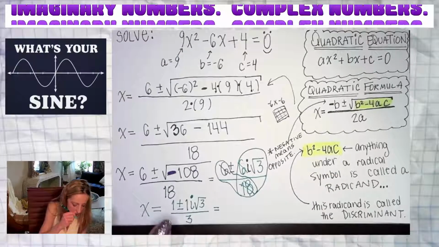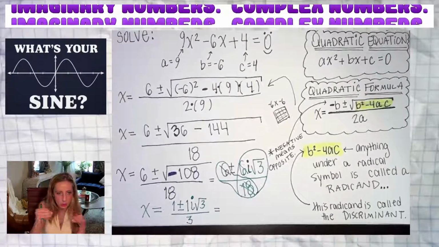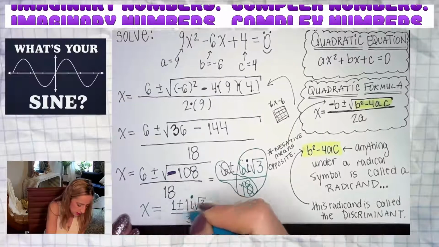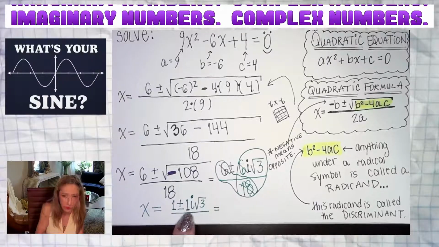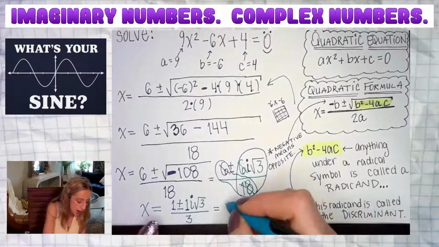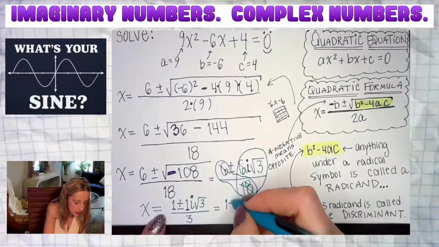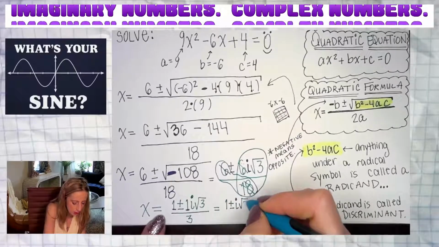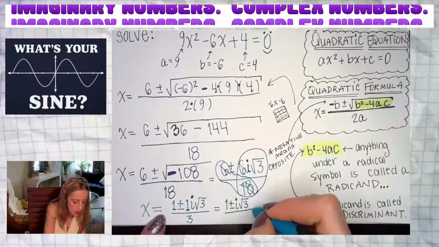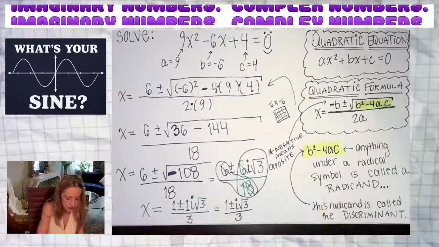My 1s, I'm putting the little hat on it. If you want to put the hat and shoes, maybe like this, give them a full outfit, you could do that. But that 1 in front of the I you don't really need, so I could also have just written 1 plus or minus, plus and minus, I square root 3 all over 3.